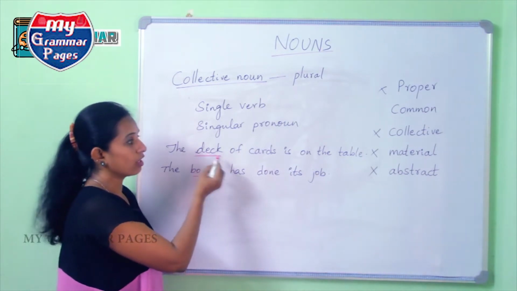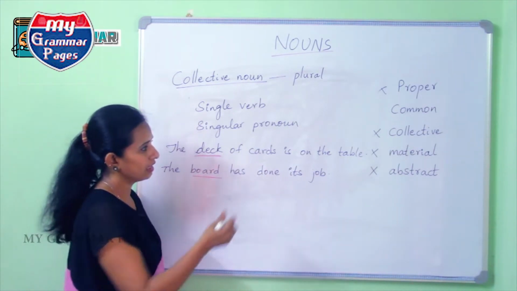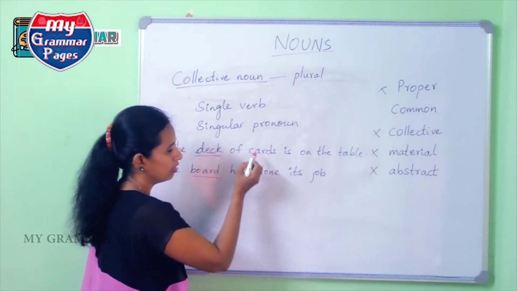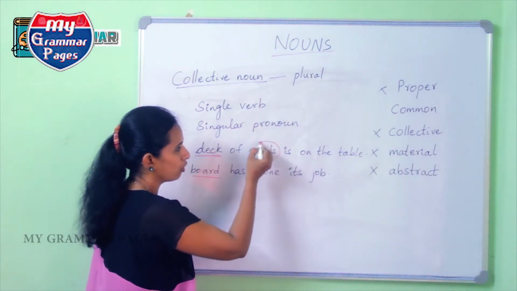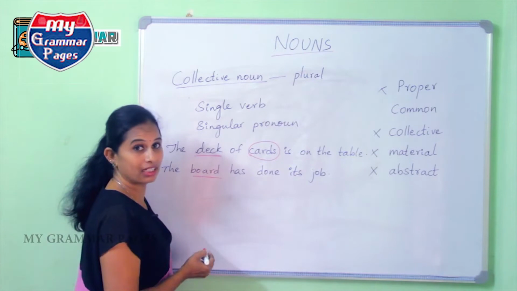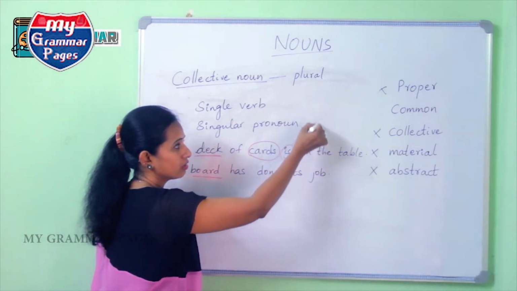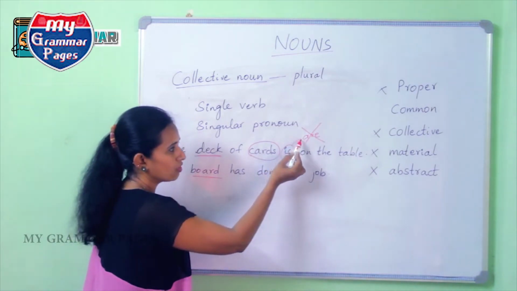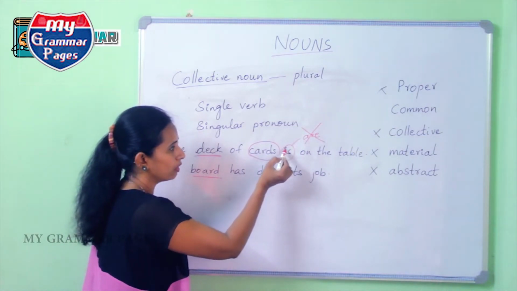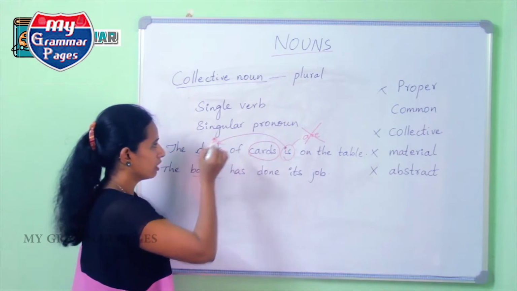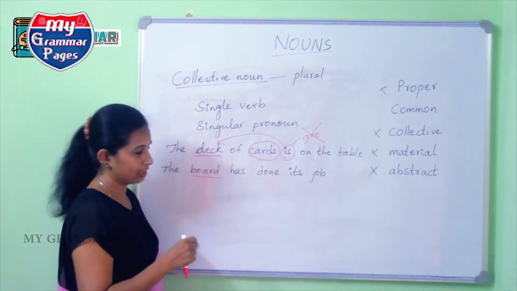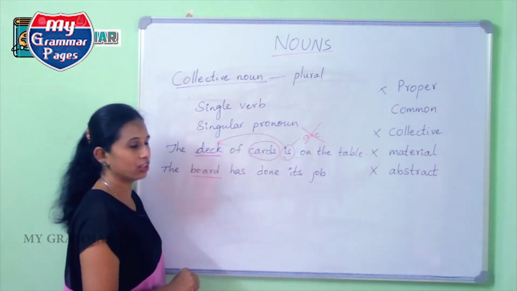Deck, we know that deck of cards is a pack of cards, is lying on the table. So please do not focus on the plural form of the word cards and write it as are. Are is wrong, because this single verb is referring to the collective noun, that is deck. That's why we have to write only the singular verb.